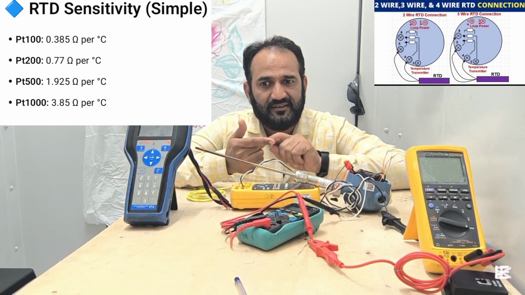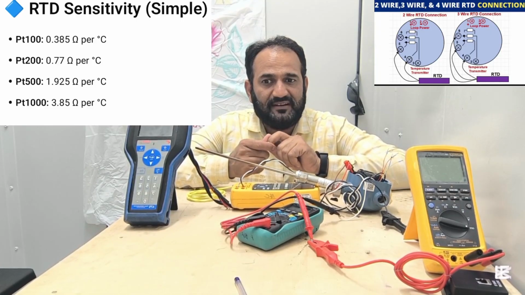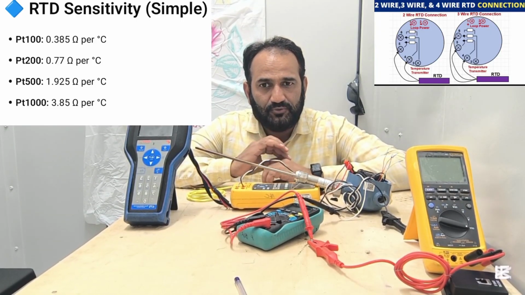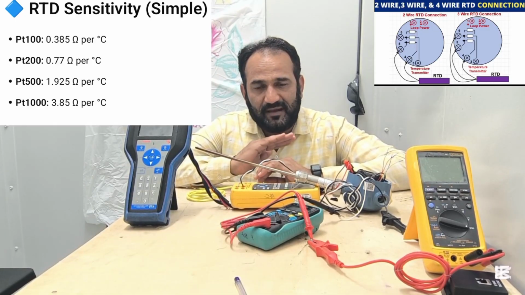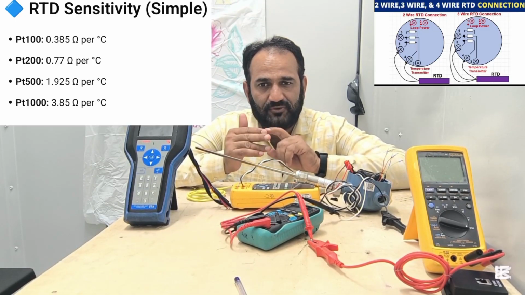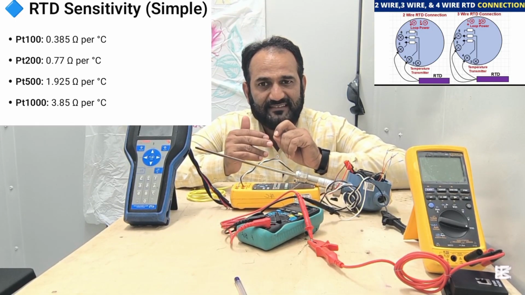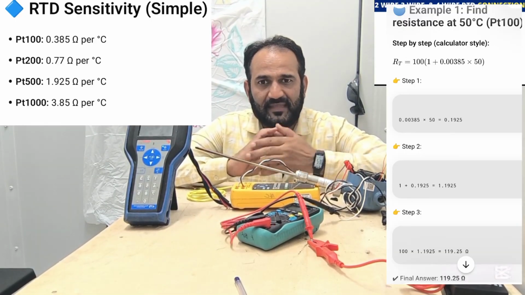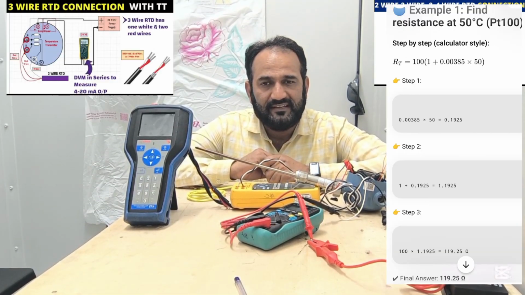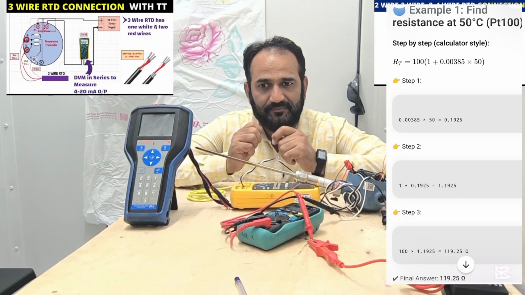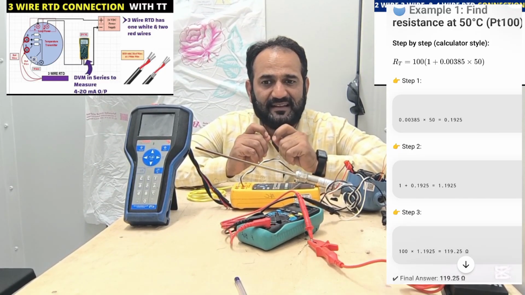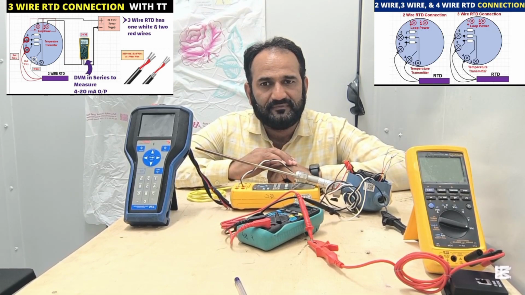Same with the Pt200, we divide by 0.77 ohm: if we are getting 220, we subtract the 200 and divide the 20 by 0.77 and we get the degrees Celsius. For Pt500 we divide by 1.92 ohms.